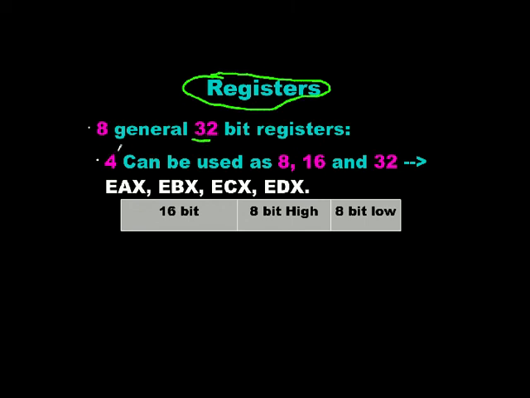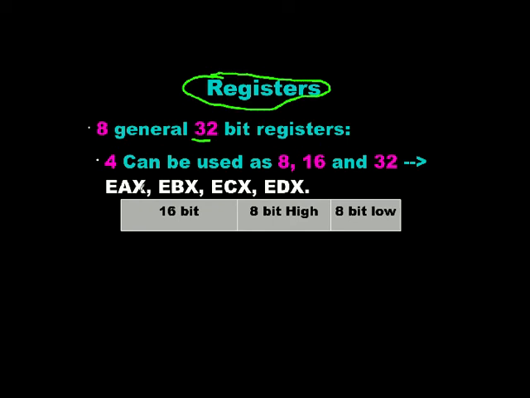4 of them can be used as 8, 16 or 32 bits. Remember, they're backward compatible. So I have EAX, EBX, ECX, EDX: the extended accumulator, extended base register, extended counter register, and extended data register.